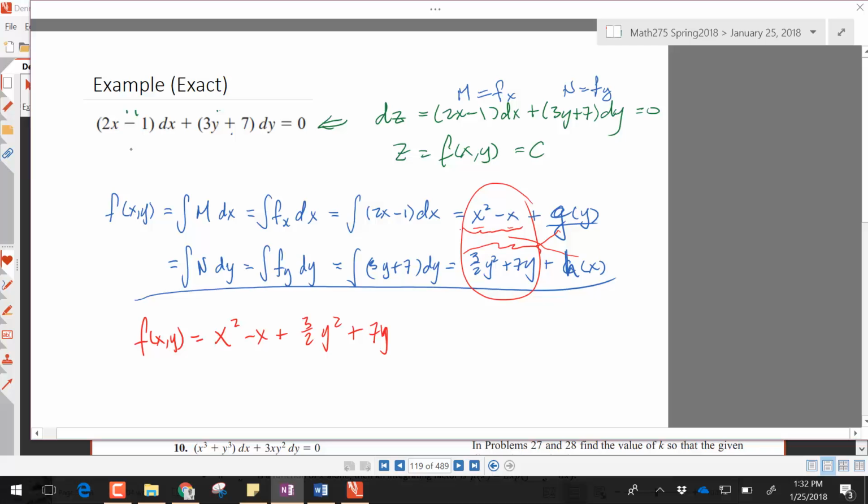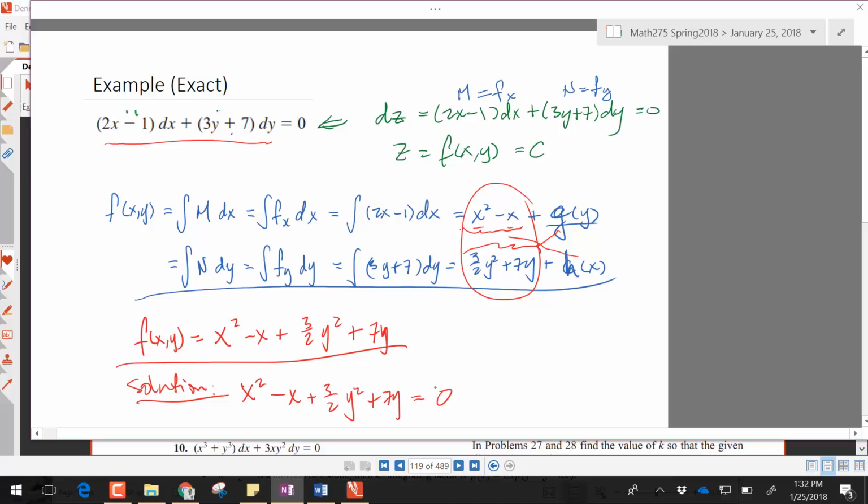So what we're saying is that this comes from the differential of this function, and on the other side it's equal to 0. So that means the solution is going to be x squared minus x plus 3 halves y squared plus 7y is equal to 0. Nope, equal to c. And that's your arbitrary constant.